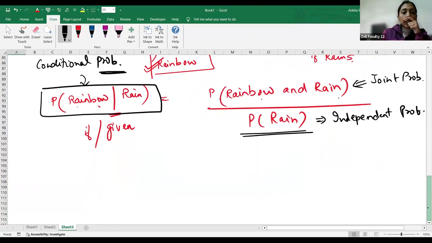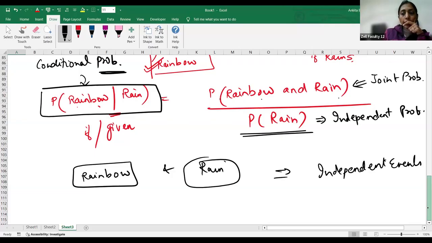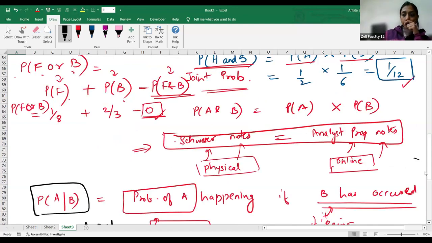If I am saying that occurrence of having a rainbow and occurrence of having rain, both of these events are independent events.